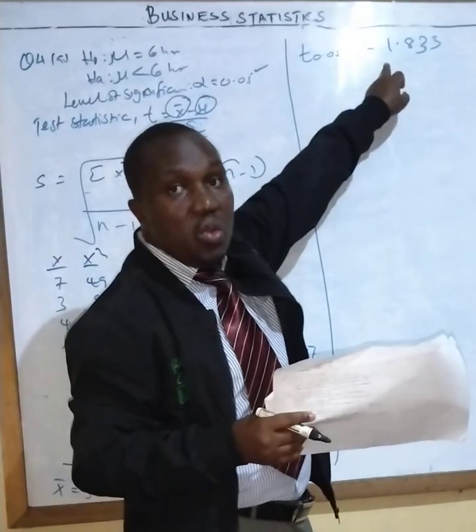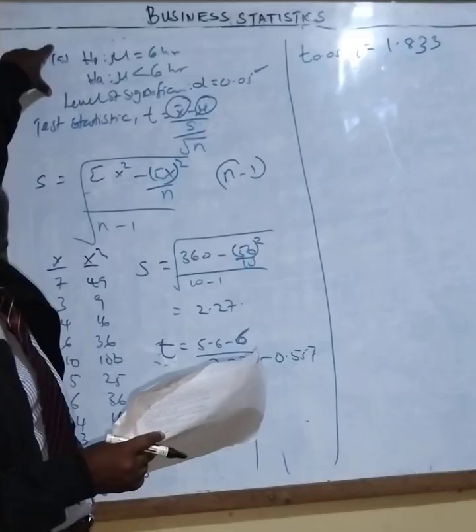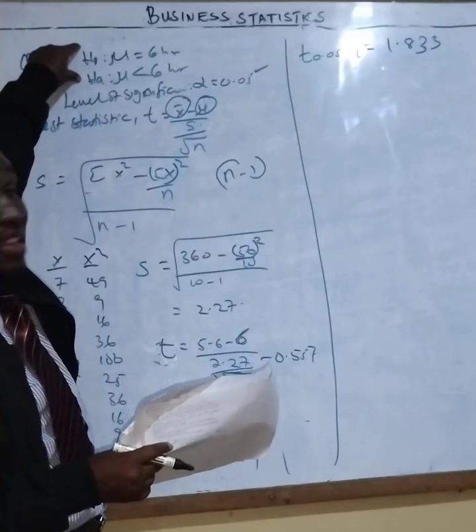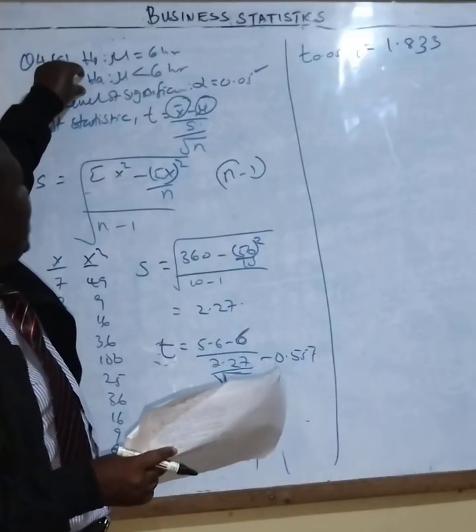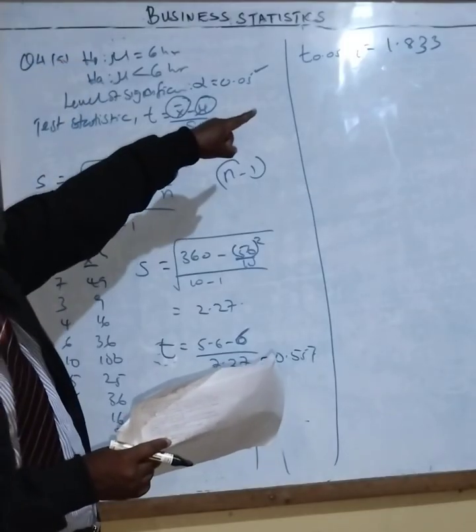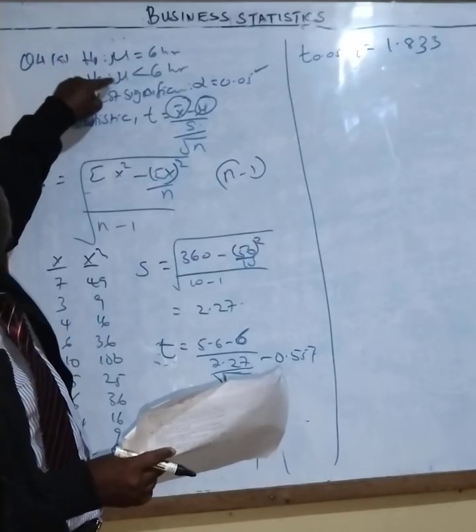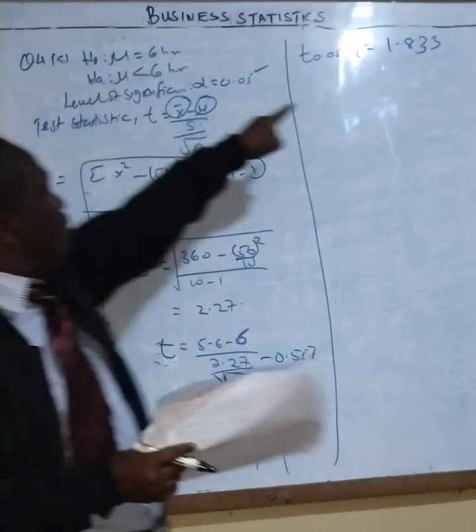Now, is it negative or positive? This will depend on what you made as your null hypothesis and alternative hypothesis. So that one is dependent on the alternative. If it says less than, it means this one is negative.